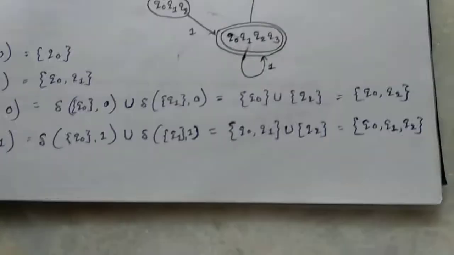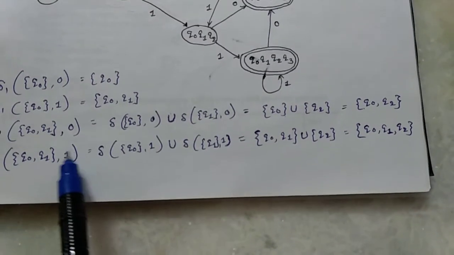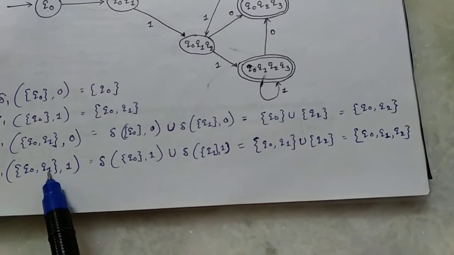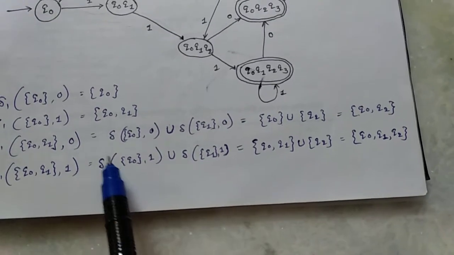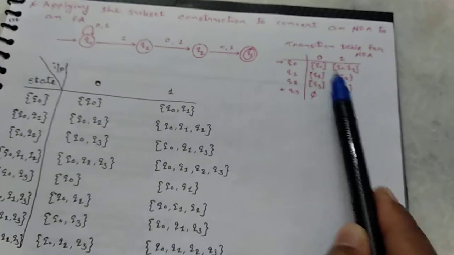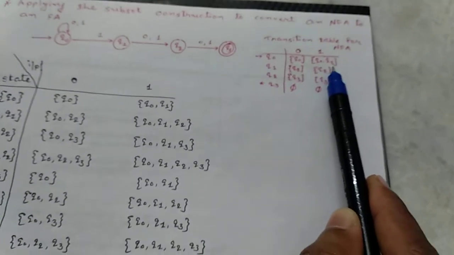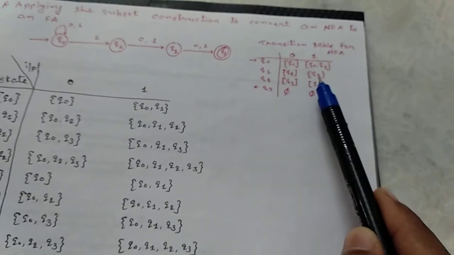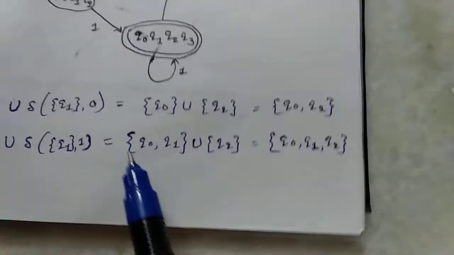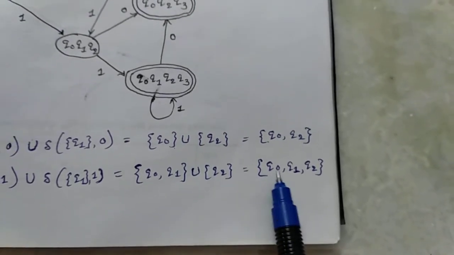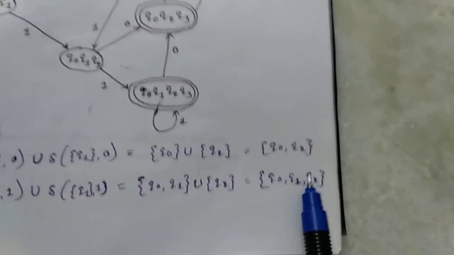For the 1 transition, Q0, Q1 on 1, take Q0 on 1 union the transition function of Q1 on 1. Q0 on 1, you have Q1; Q1 on 1, you have Q2. So Q0, Q1 union Q2 is equal to Q0, Q1, Q2.